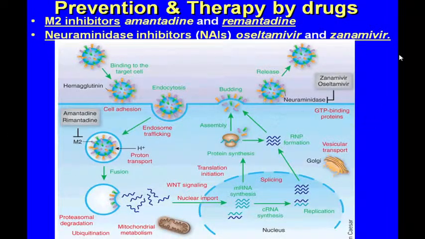Prevention and therapy. My dears, take a look here. This is a scheme of virus replication. And some places are shown where we may influence somehow or prevent the infection. Of course, the best way to prevent the infection is to block binding of the virus to the cell receptors, cell adhesion.